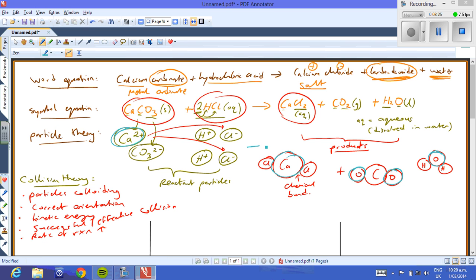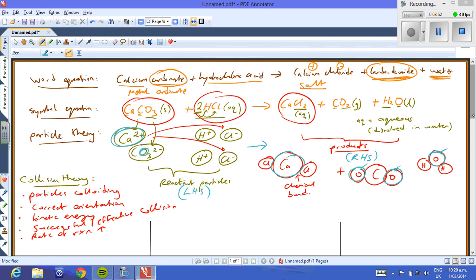Now, what I mean by the left-hand side is to the left of the arrow there. So everything to the left of the arrow is the left-hand side, and then this would be the right-hand side. So if we have 3 oxygens identified, 1, 2, and 3, we should be able to find 3 on this side, and we do. The 3 oxygens are contained inside the carbonate polyatomic ion. So that is, they're the 3 ways of representing the reaction.